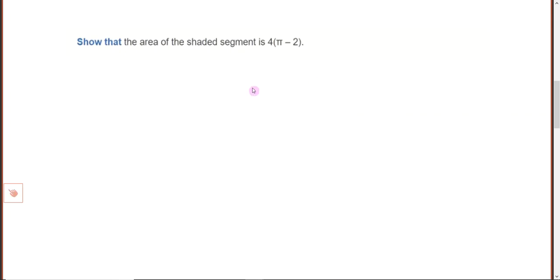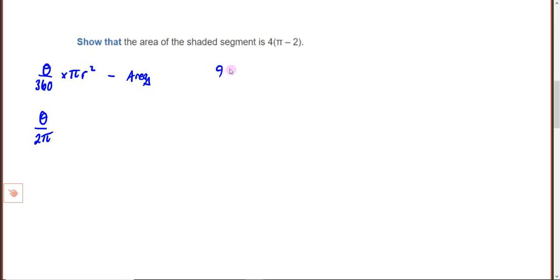Show that the area of the shaded region is 4 times pi minus 2. So again, you're expected to know that it's theta over 2 pi, or let's do 360 instead. It's probably easier with the 360 multiplied by pi r squared. But then we have to subtract the area of the triangle. So we've got the area of the triangle is 8.